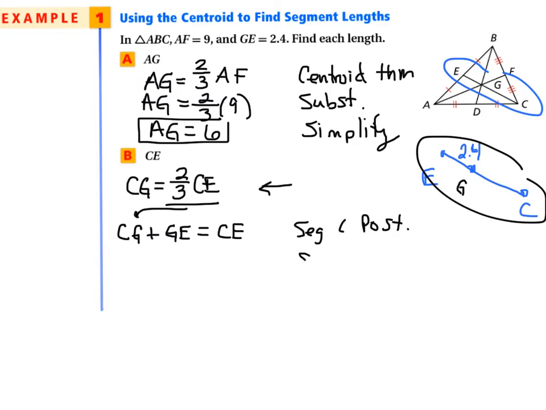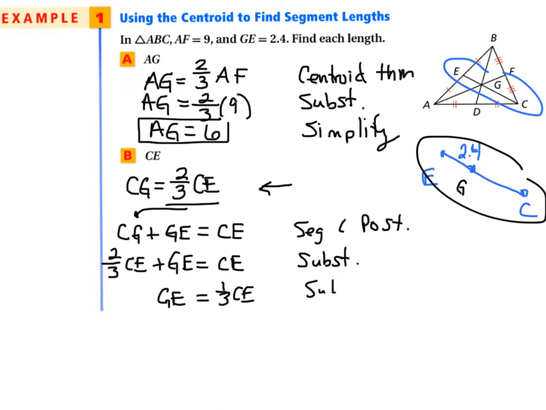So because of substitution, I'm going to get 2/3 CE plus GE equals CE. I now am going to subtract 2/3 CE from both sides. That gives me GE equals 1/3 CE.